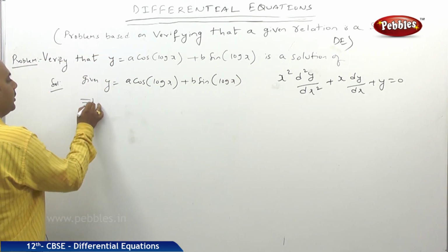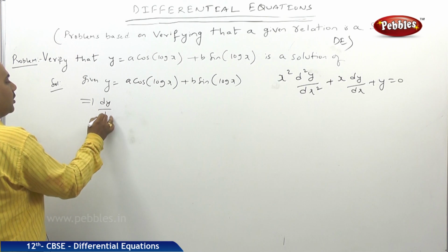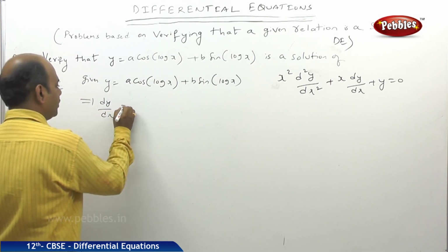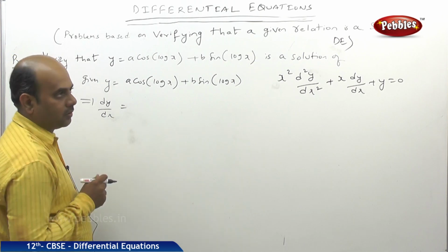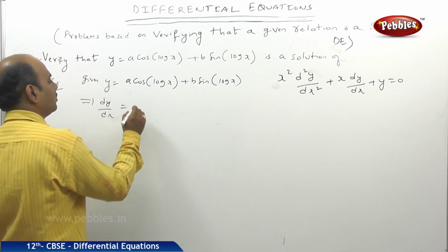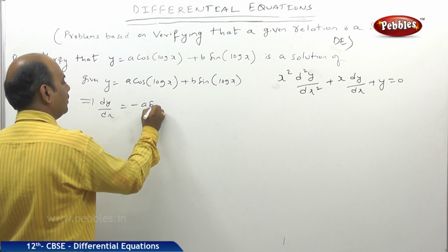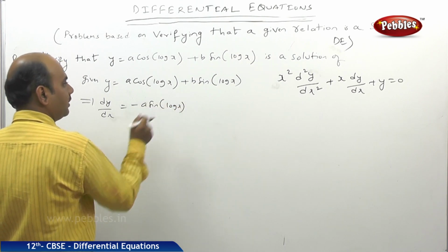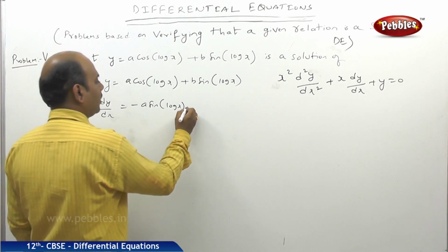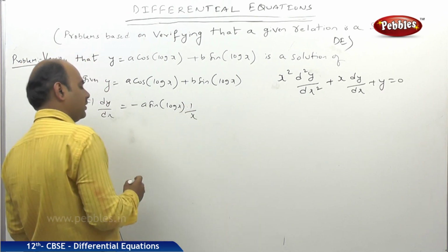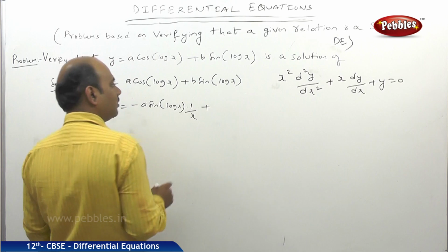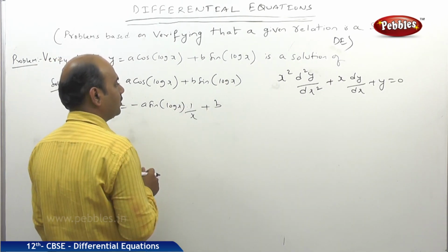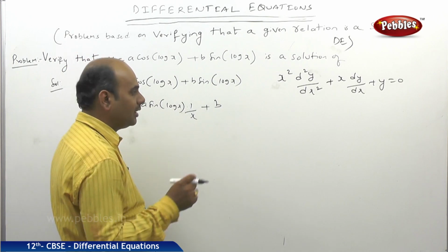Now what I will be doing is finding the derivative. dy by dx is equal to, the derivative of cos x is minus sin x, so minus a sin of log x, and it is like a function of a function, so the derivative of log x is 1 by x. Plus, here once again b into sin of log x is there. That means it is looking like sin x.